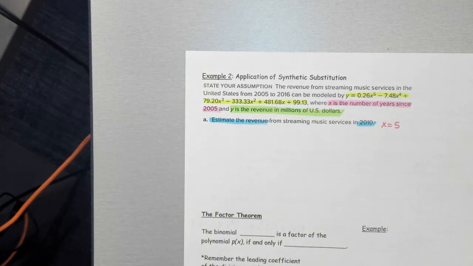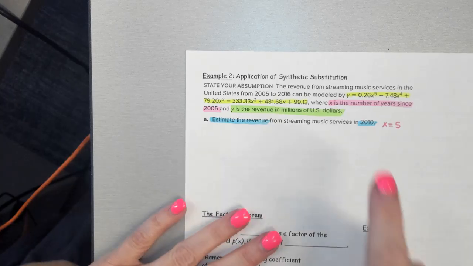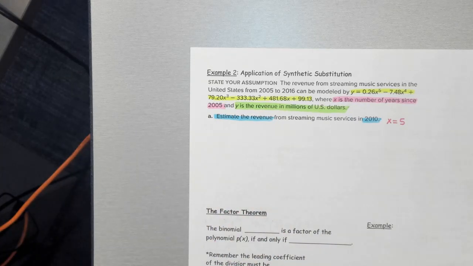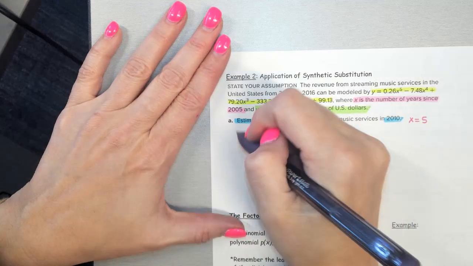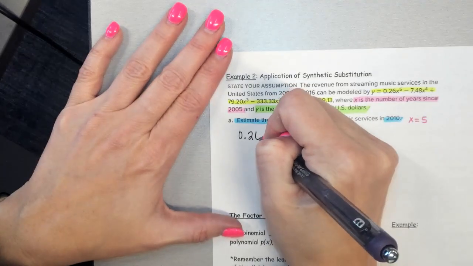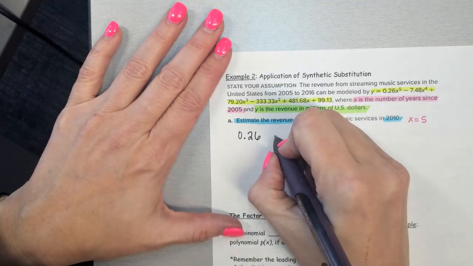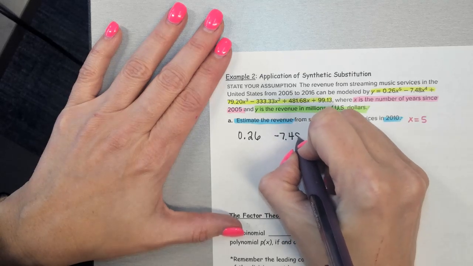Okay, and we are going to write these. And again, just give yourself some space. Sometimes I'll just write in first so I can give myself an adequate amount of space. So 0.26, negative 7.48.